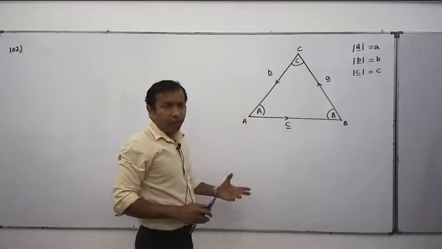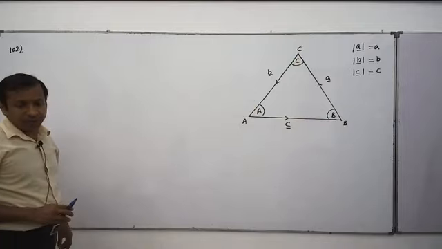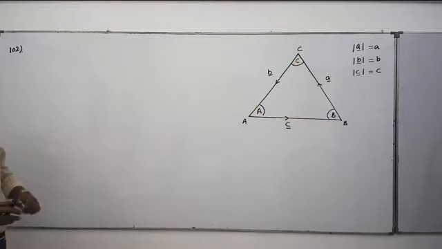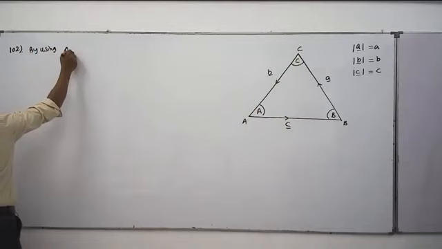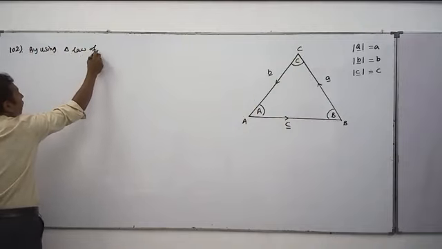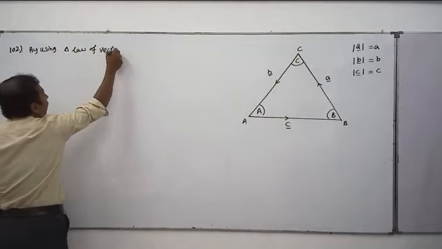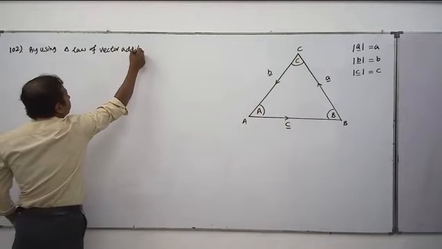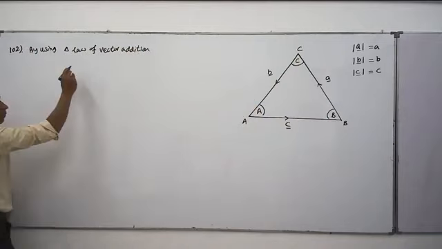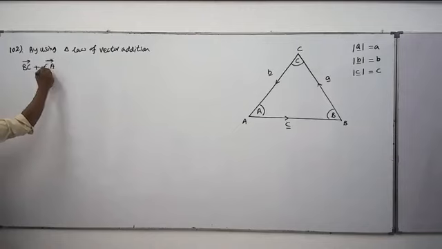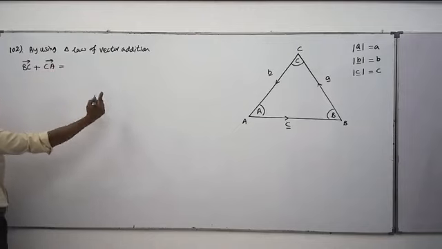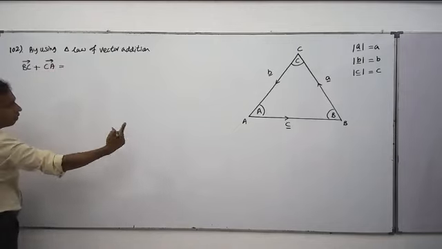Now we'll apply triangle law of vector addition to this triangle ABC. What do you get, people? BC vector plus CA vector is equal to BA.